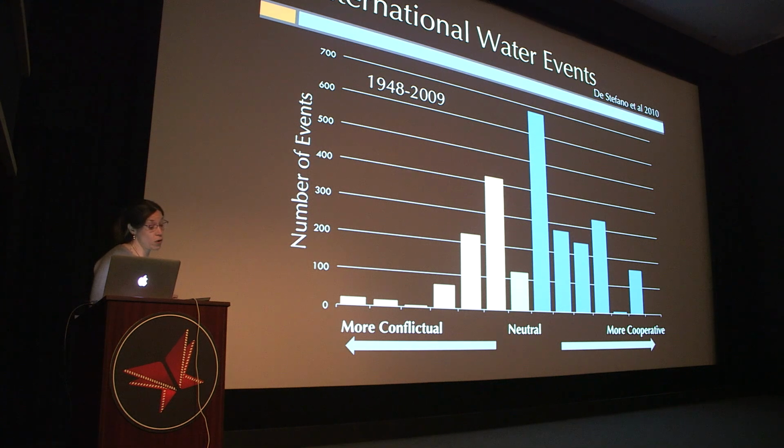Further, there were only 38 acute disputes, so acute disputes being those that involved violence or the military, and of those 38, 31 involved Israel with one of its neighboring countries. So we can say those 31 are probably not generalizable to other parts of the world. They also discovered that where water is involved in conflict, it is usually not the driver of conflict.